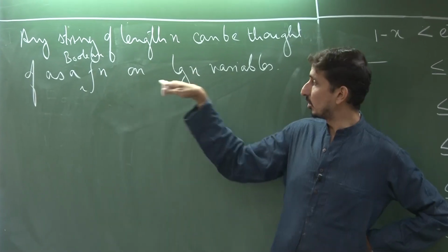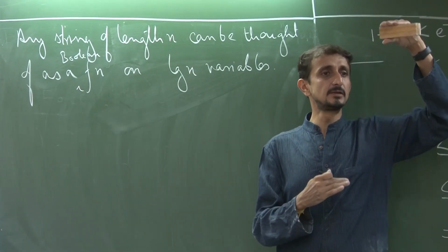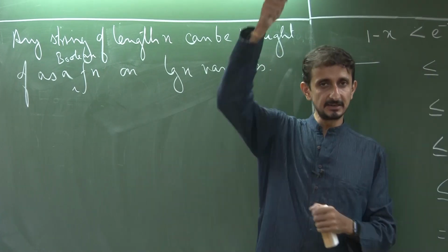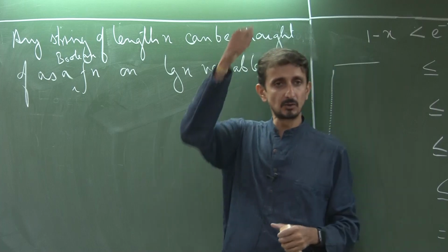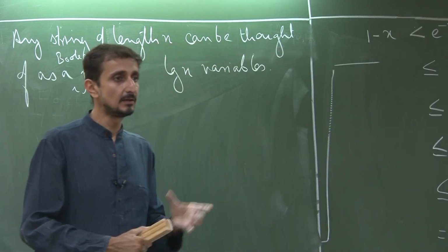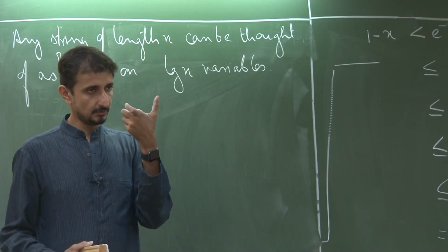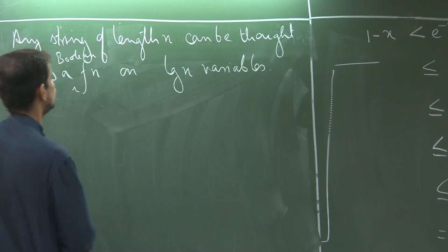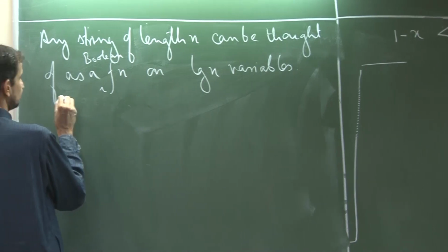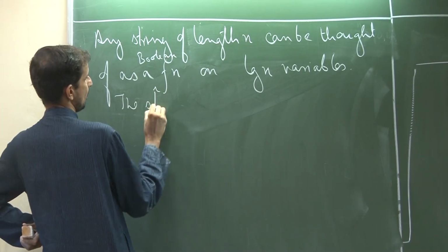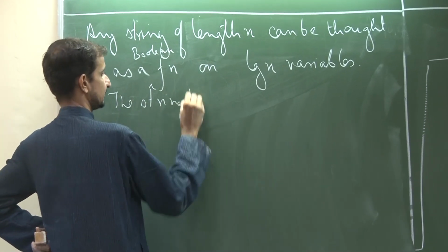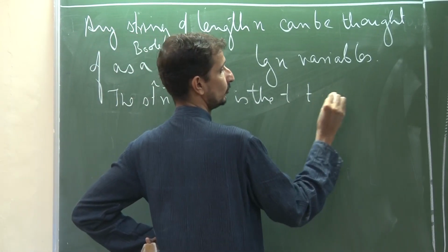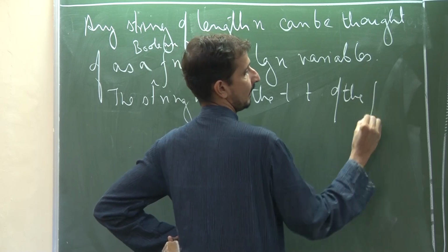If I have a function on log n variables, the size of the truth table is 2 to the power log n, which is n. Okay. So, this string essentially represents what the output of that function is for each choice of those log n many variables. So, the string here is the truth table of the function.